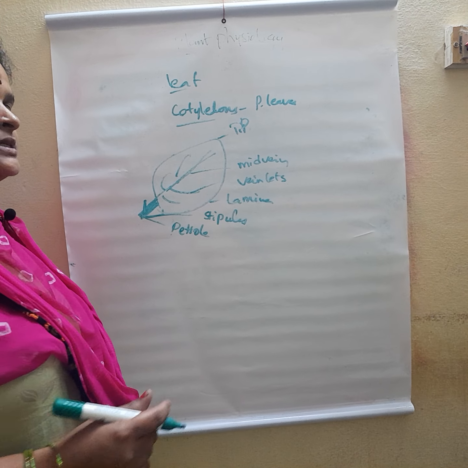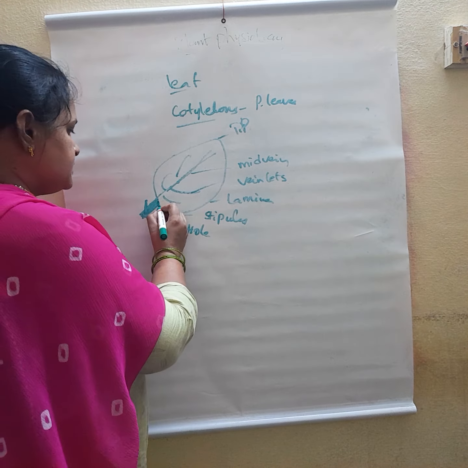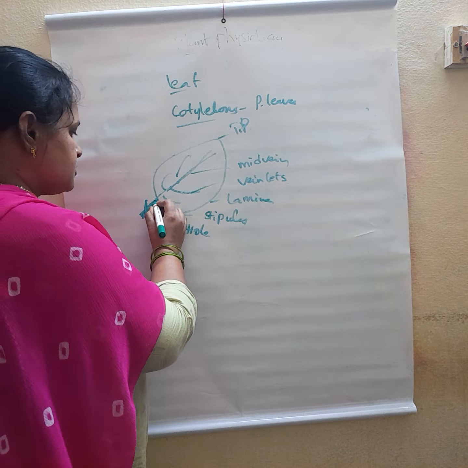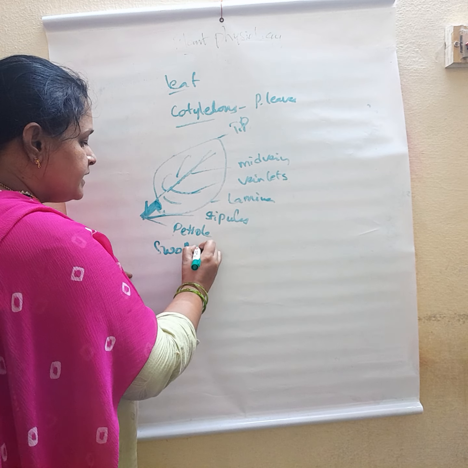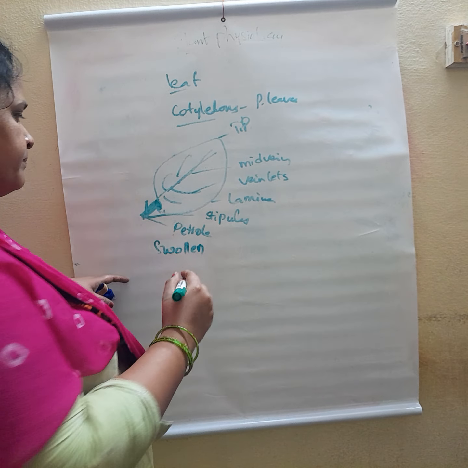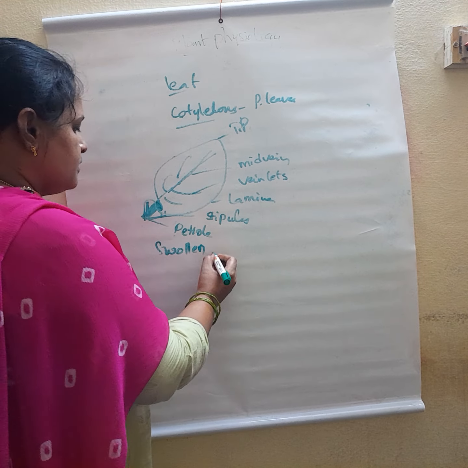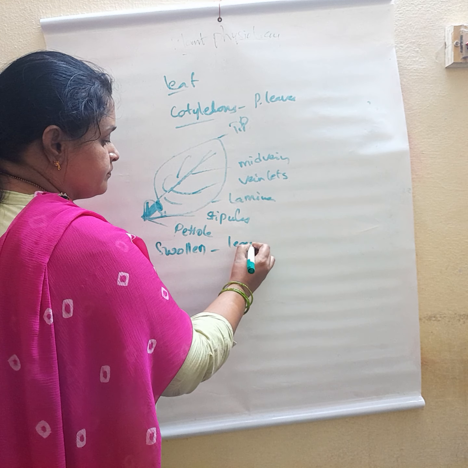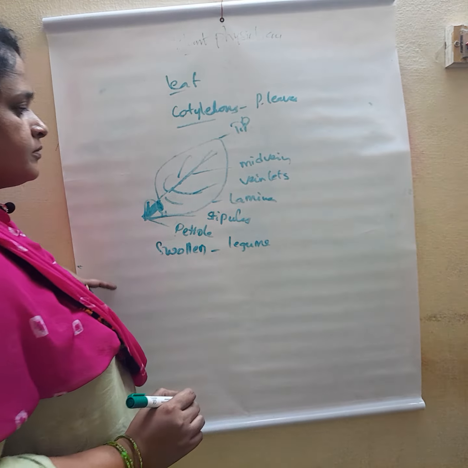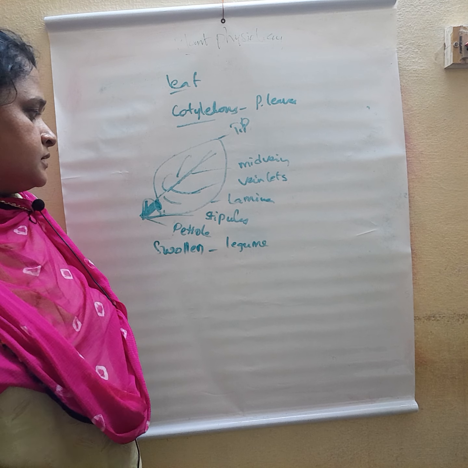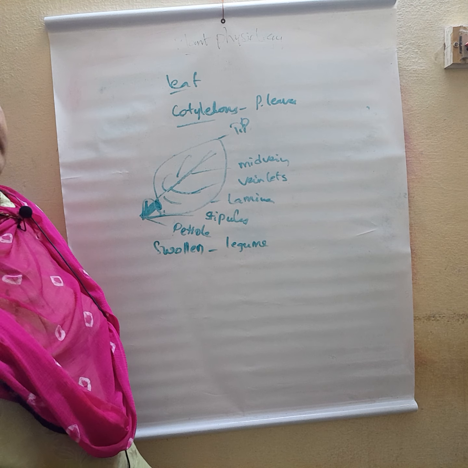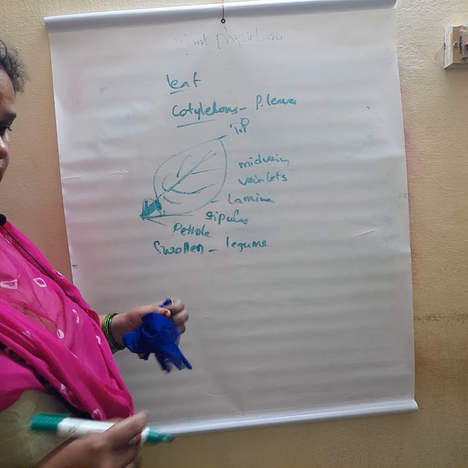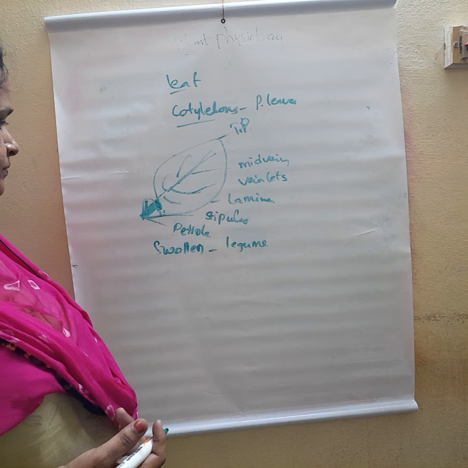This is called the leaf base, and sometimes the leaf base may be swollen, somewhat expanded. That is seen in the legumes family. So this is the structure of the leaf.